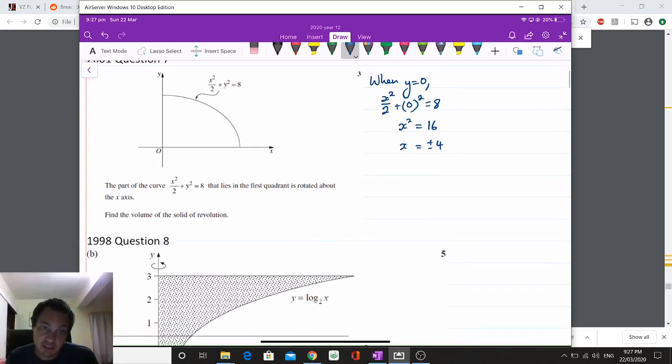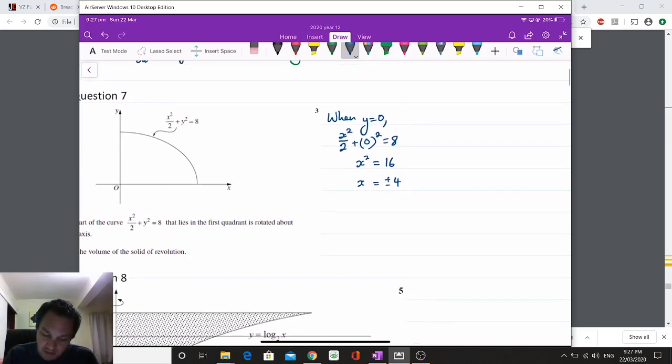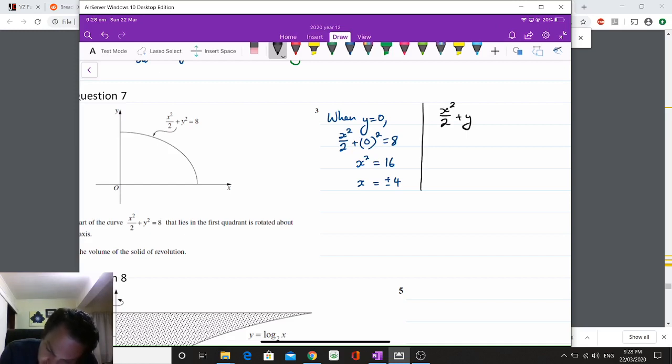And the other thing we're going to need to know is, because we're going to work out what y squared dx is, we're also going to find this here. That if x squared over 2 plus y squared equals 8, therefore y squared is equal to 8 minus x squared over 2.